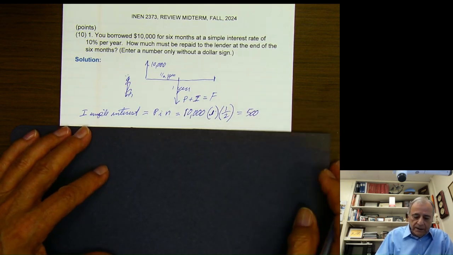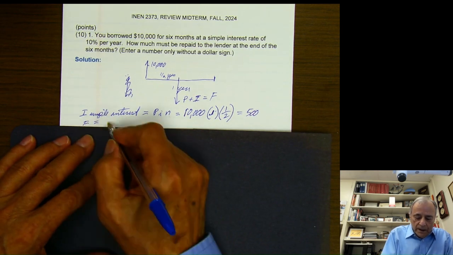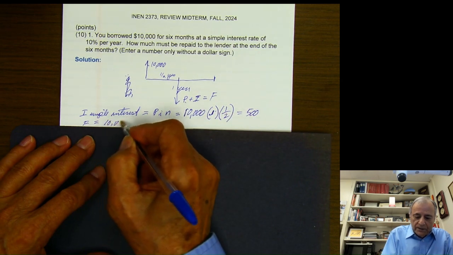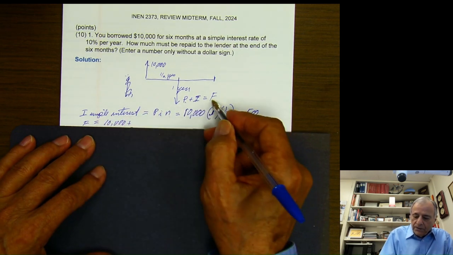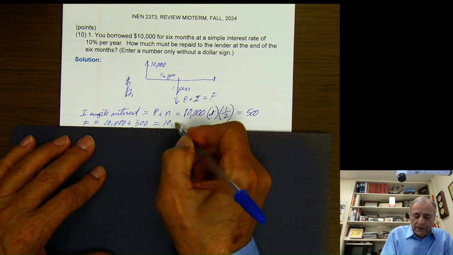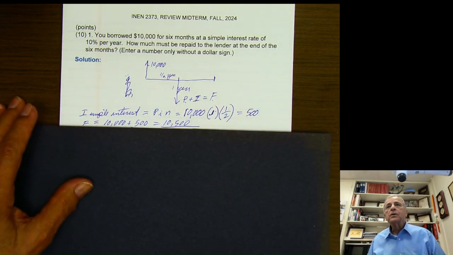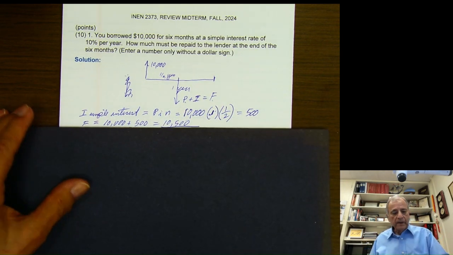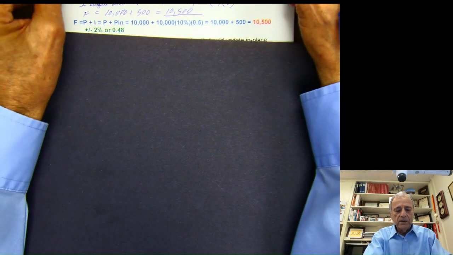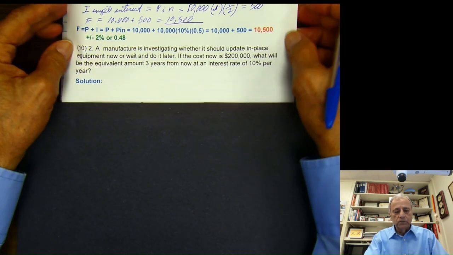And then to get the future value, F is equal to the original principal, which is 10,000, plus the interest, which is 500, which is $10,500, and that's the answer to question 1.